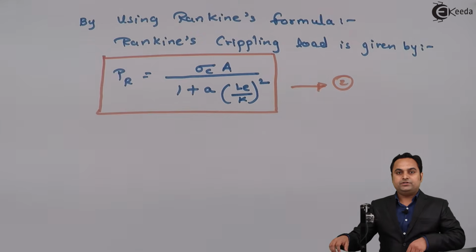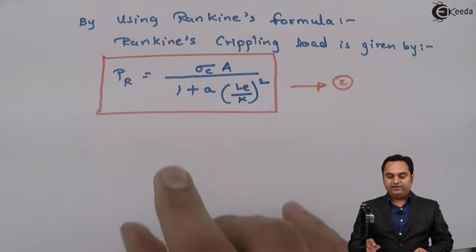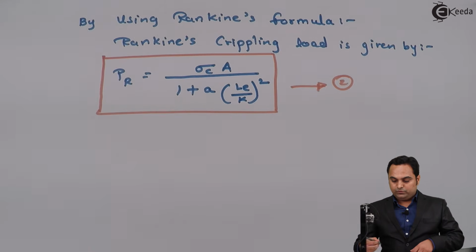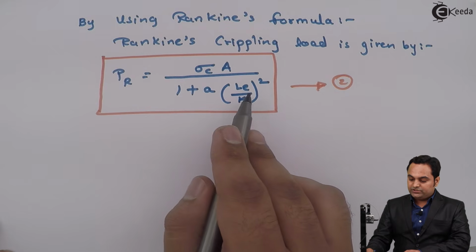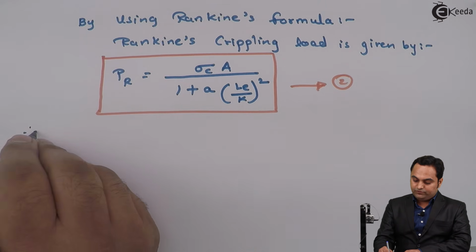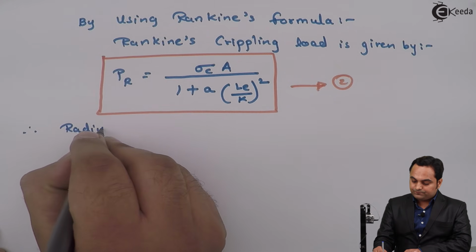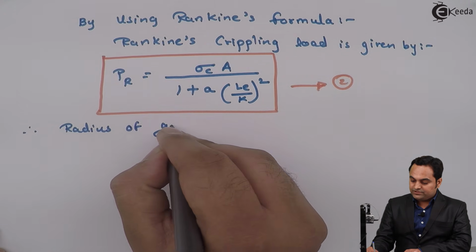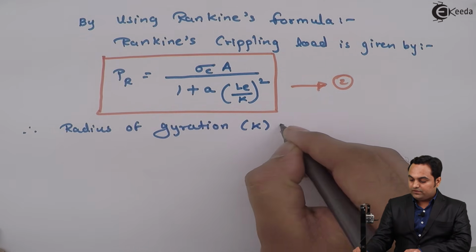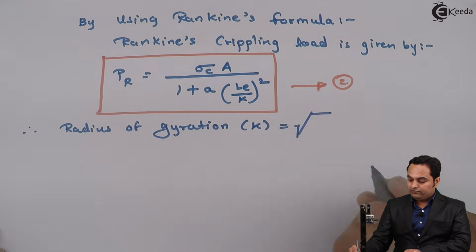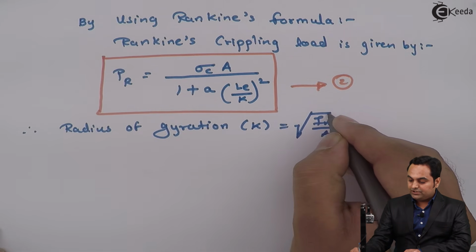Now in this second equation, I'll calculate the denominator first and then bring the value and put it in equation number 2. So now for that I require K value as well, which is K square. So I'll say that therefore the radius of gyration, which is K, is equal to root of I minimum upon cross section area.